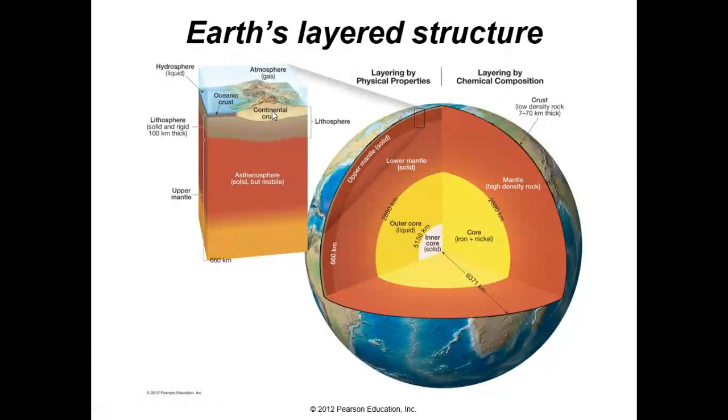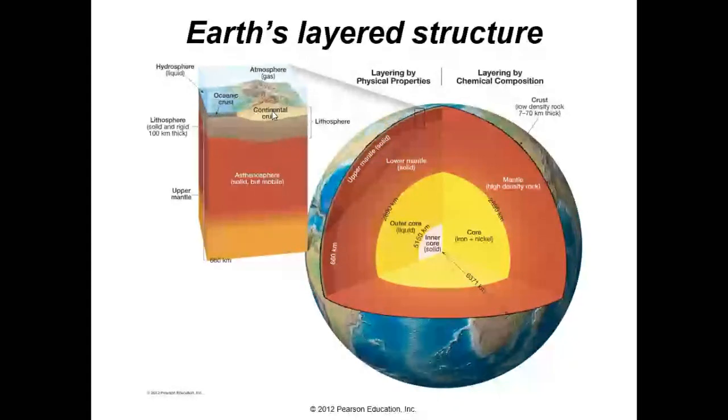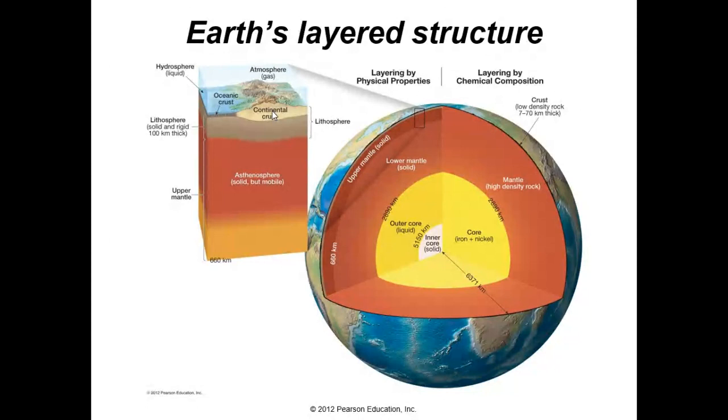I don't know why geologists felt the need to separate those two out, but for all purposes of this class, you can just assume that lithosphere and crust are the same thing, so that you don't get too awful confused.